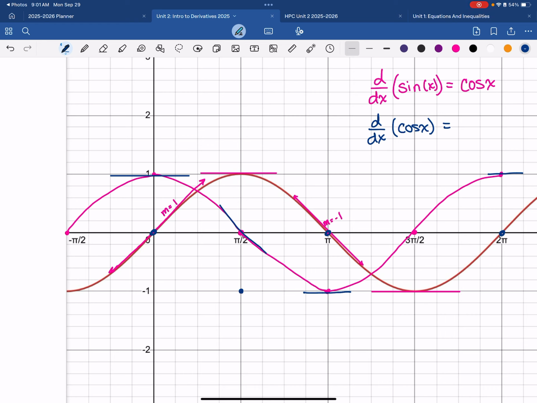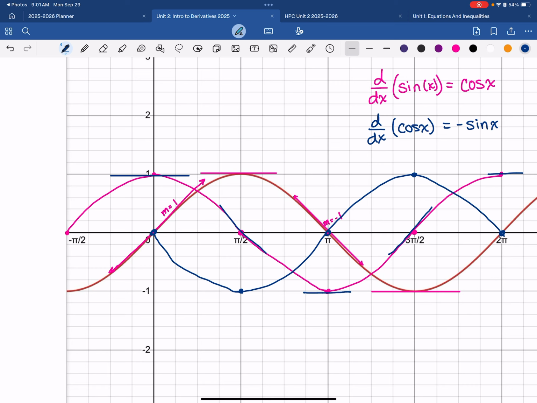And at 3 pi over 2, I have a positive slope, and that positive slope would be equal to 1. And so notice if I connect these points, that blue graph actually gives me my sine function, but reflected over the x-axis. So the derivative of cosine of x is going to be a negative sine of x.